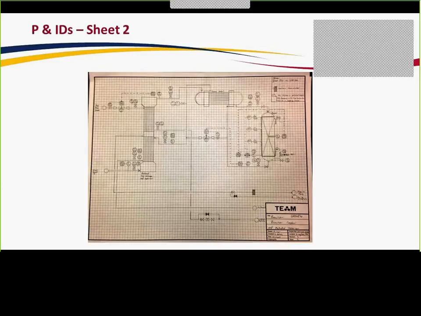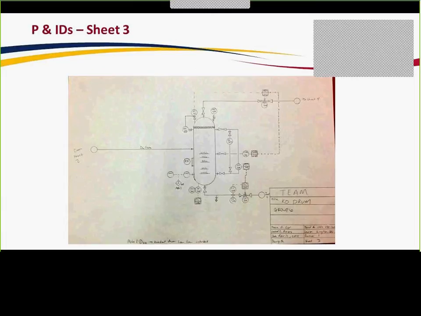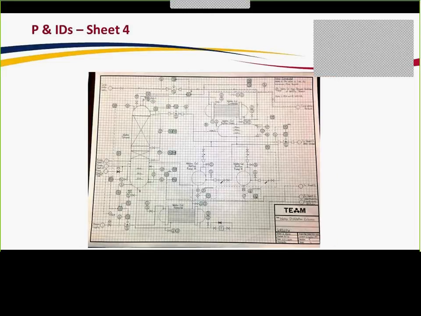From there, on our reactor sheet, we included a bypass from the reactor cooler. So if the products come out of the reactor too hot, they will bypass the heat exchanger, and therefore the reactants won't be too hot going into the reactor. This is our knockout drum P&ID as well. Then from there, for our distillation columns, we used an important control system for the wastewater going to the environment.